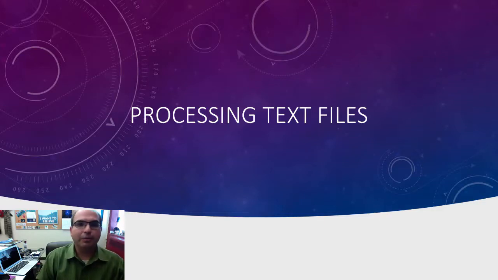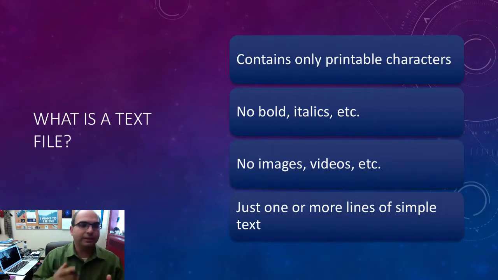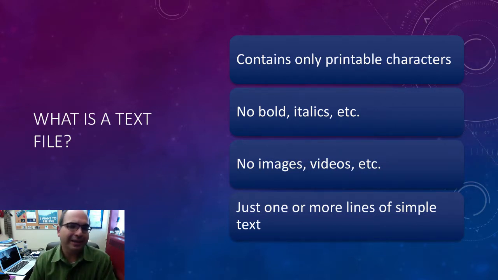Okay, so the next thing that we want to cover is going to be really important in this project: how to process text files. So what is a text file? It's a file on your hard drive or SSD or whatever you have. The whole point about being a text file is that it only contains text. Those are the printable characters like the letters, punctuation marks, spaces, that kind of thing.